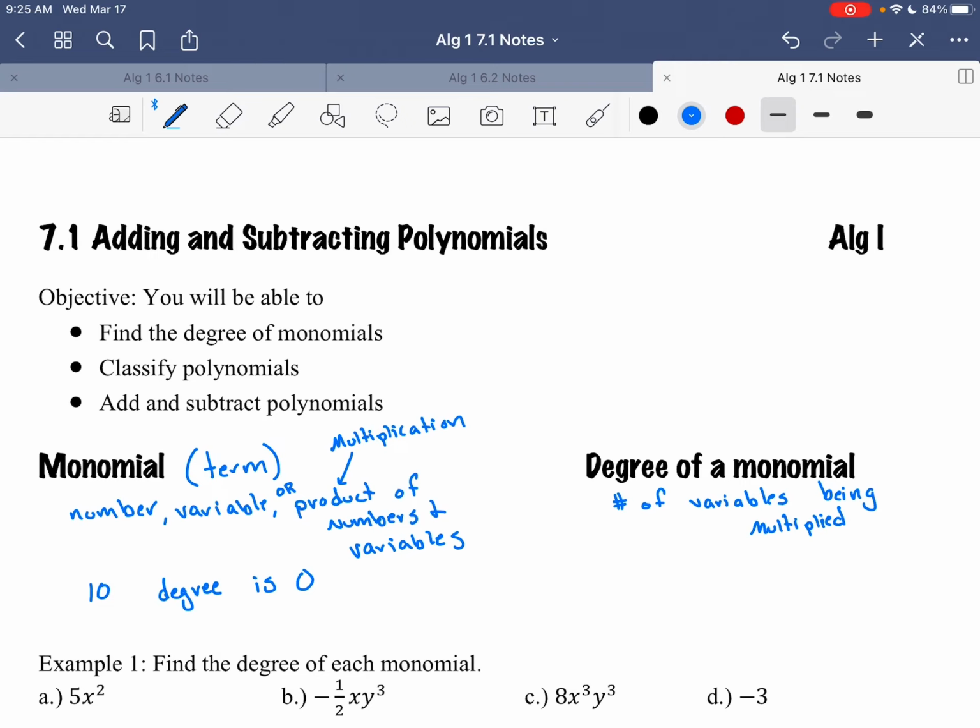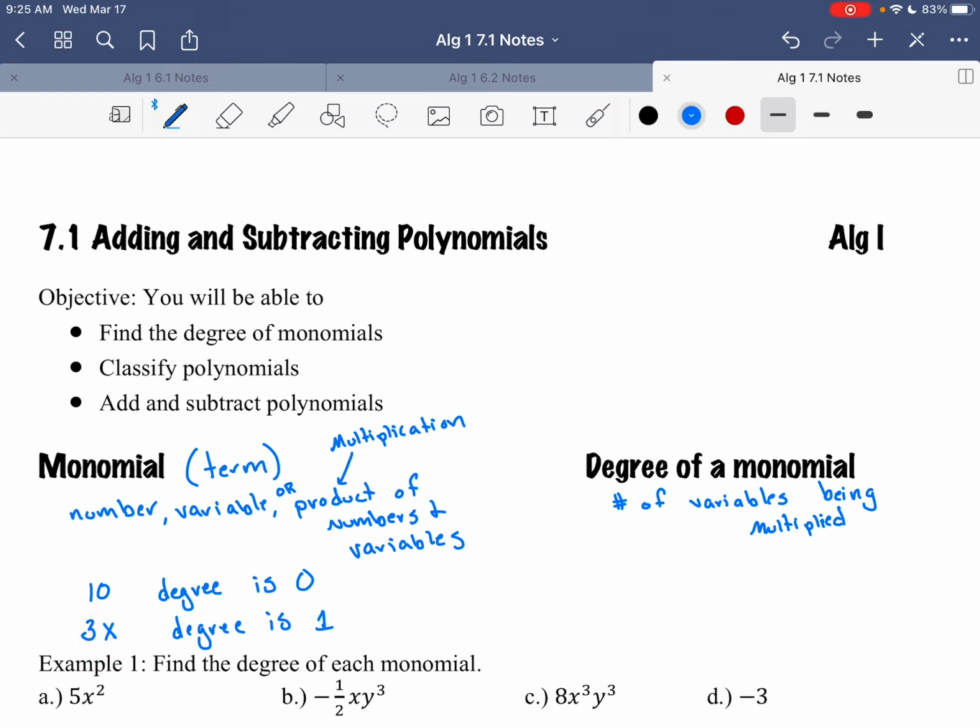Another monomial, 3x. This means taking 3 and multiplying it times x, so that is a monomial or a term. The degree on that one is 1 because it has one single x being multiplied in there.